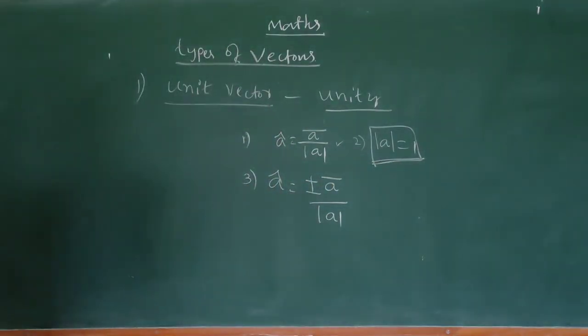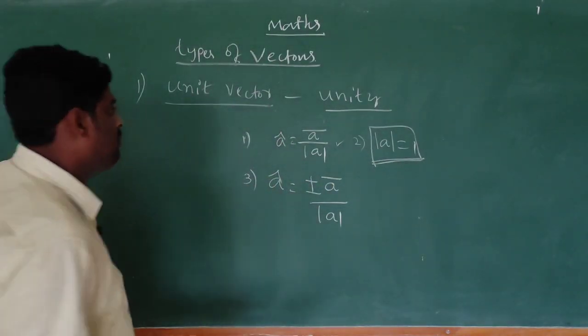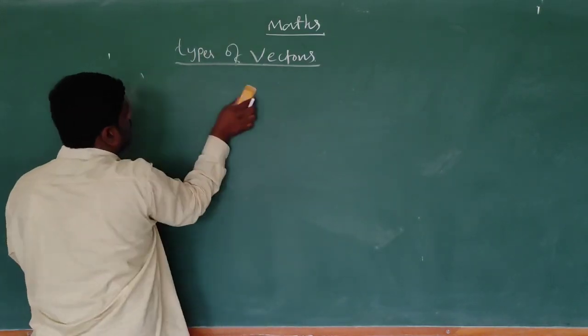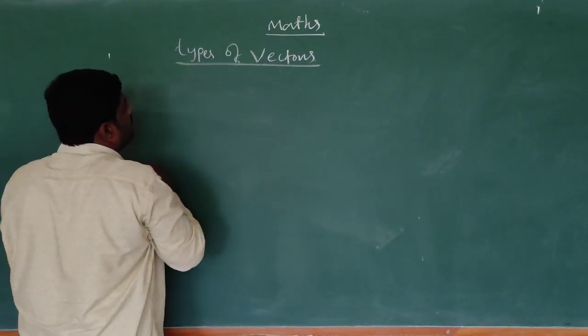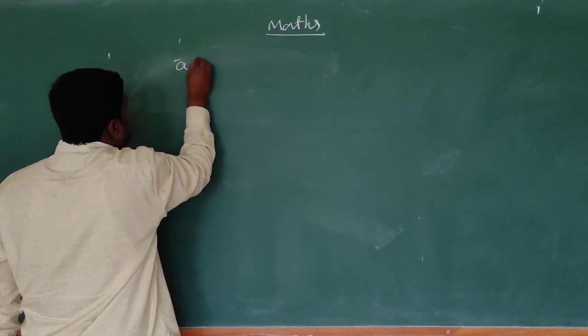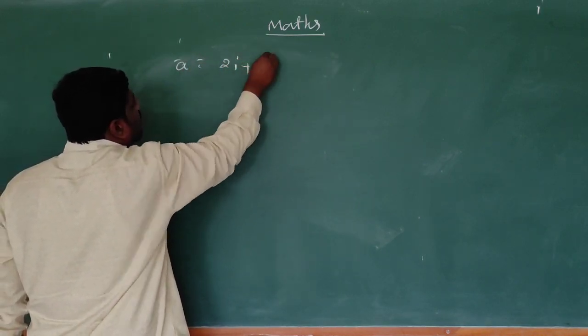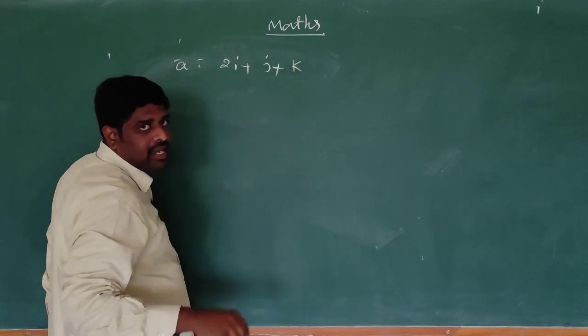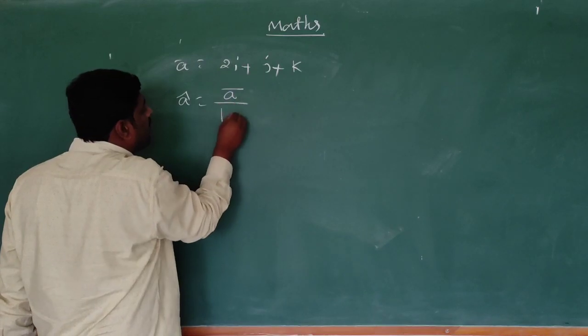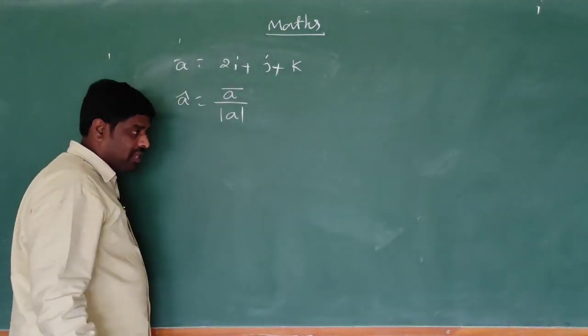I will take one example. For example, a bar is equal to 2i cap plus j cap plus k cap. Now a cap is equal to a bar divided by magnitude of a bar.